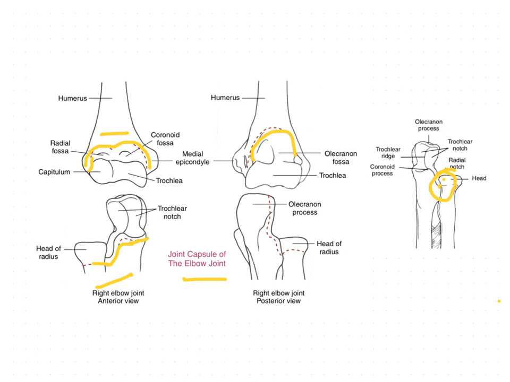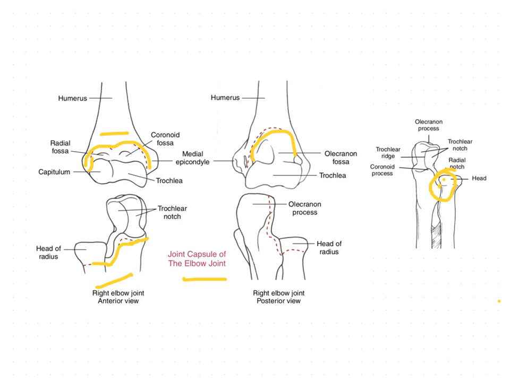And also fat pads are located between the capsule and the synovial membrane. So as we know that the capsule consists of two layers, isn't it? So in between the synovial membrane and the capsule, you'll have fat pads. So what is the use of those fat pads?